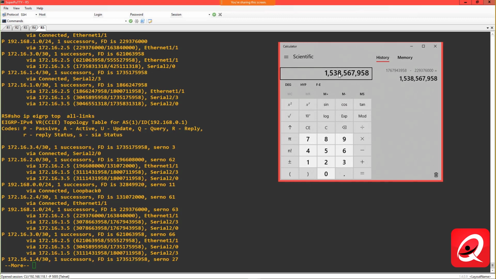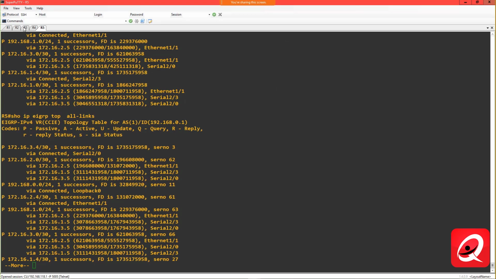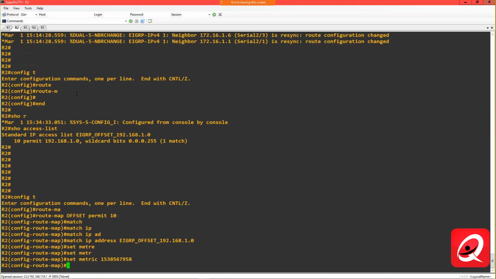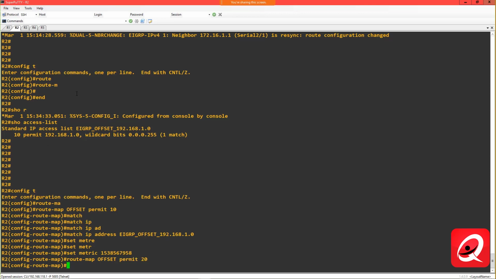So I'm going to do that right now. I know it's not going to work, but I'm going to do that just to demonstrate a concept here. So I can set the metric to that value, and then do a route map offset permit 20, and we're not going to do anything for that one.